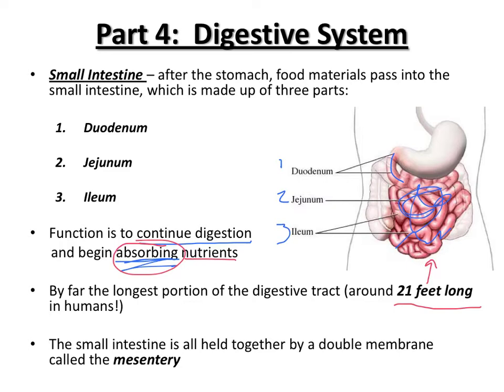And in the mink, I think the small intestine is probably about 6 or 7 feet long, roughly. So probably longer than the table you're working on in class. The small intestine is held together by a little double membrane called the mesentery. That's extraordinarily hard for me to explain, but when we see it in the lab, you'll know exactly what we mean. So we'll take a look at that membrane when we have our mink opened up.